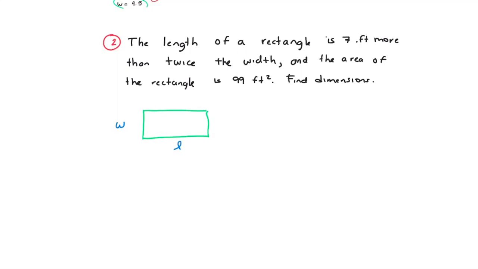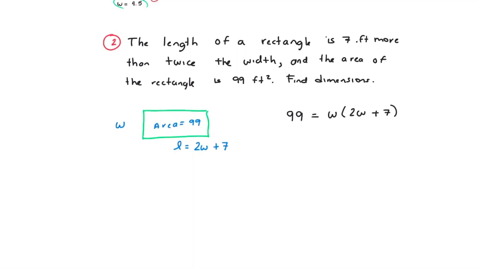So the length is going to be equal to 2 times the width plus 7. And all that has an area of 99. So yay, my equation is again 99 is going to be equal to the width that multiplies the length in terms of width, which is 2w plus 7.